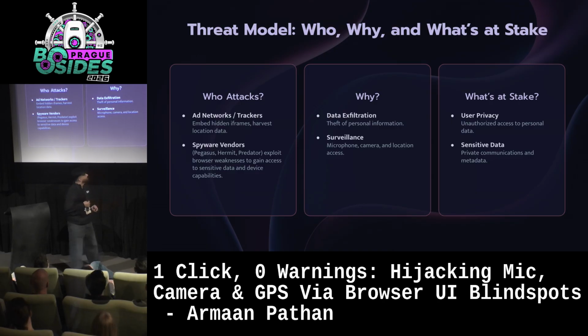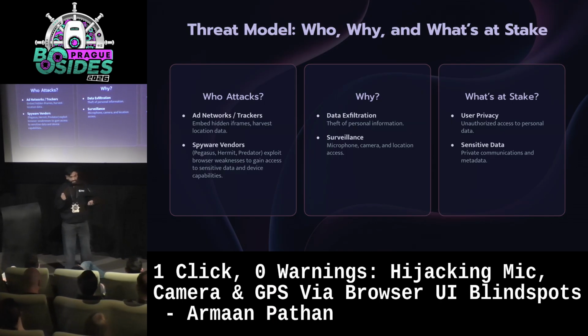And at what stake? Obviously, privacy. Ad companies can steal geolocation data, and probably according to that, they will target the user. Sensitive data exposure: obviously, if spyware abuses this bug, they can track where you are moving, what you are speaking, and obviously, if you are sitting, they will just randomly click a photo.